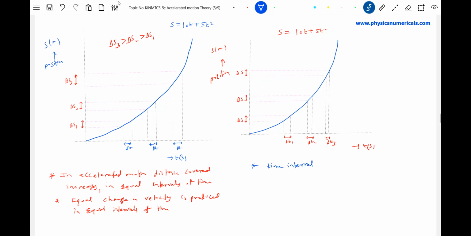Time interval for successive equal displacements decreases. For the first, it has a displacement, say it moves from 0 to 5 meter, next again 5 to 10 meter, then again 10 to 15. What about time taken? It will keep on decreasing here. Time interval for successive equal displacements decreases.